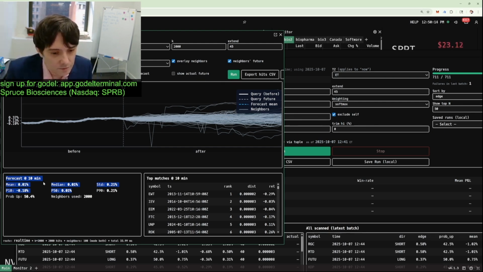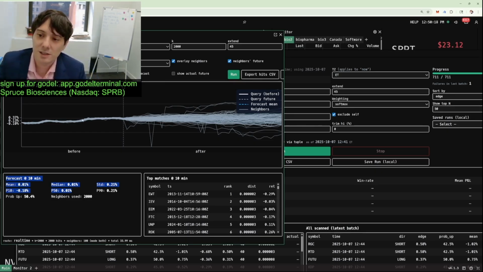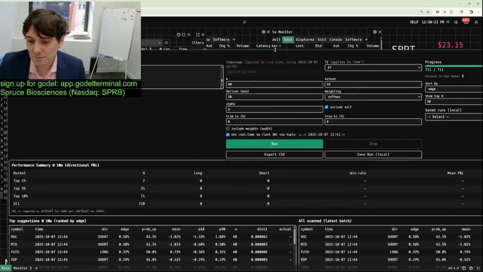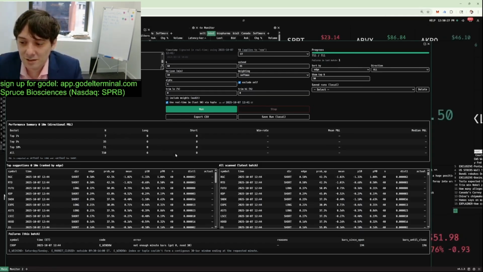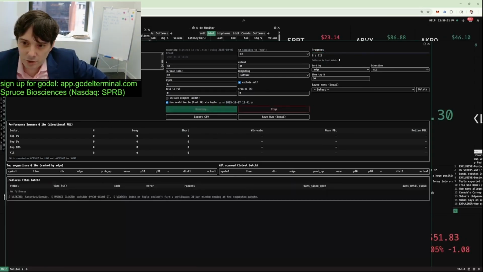So I think in general, you're not going to have much alpha. But what's cool about this is you can take this and automate it with PRT. With PRT, you can look at 1,000 stocks at once.